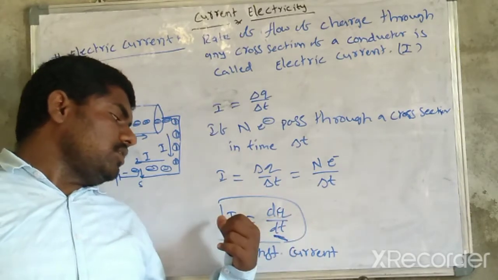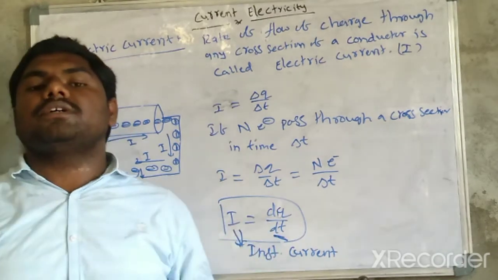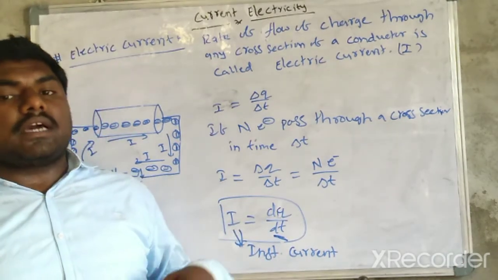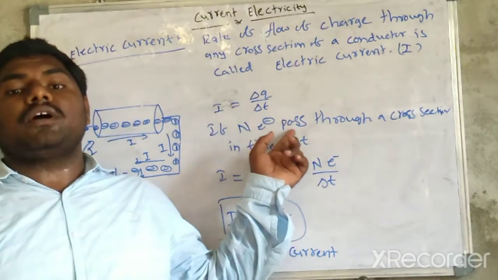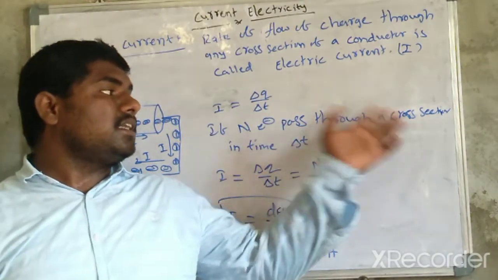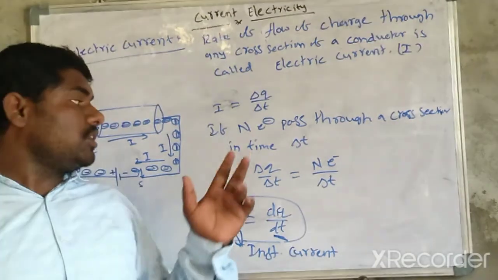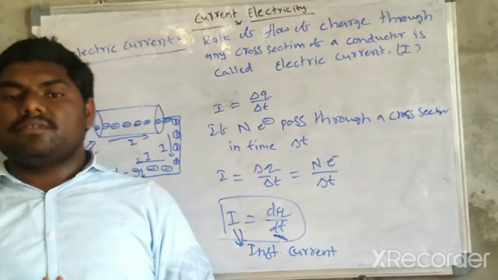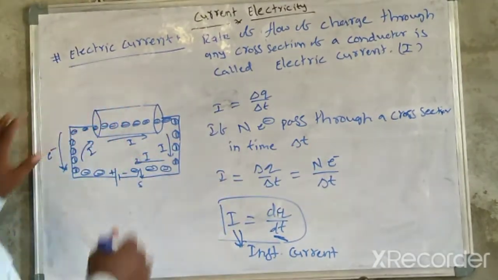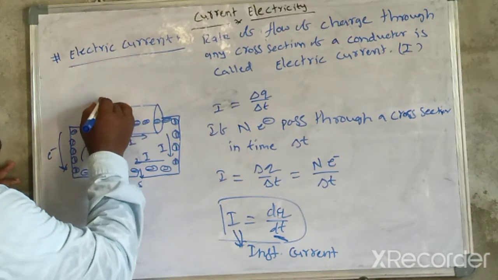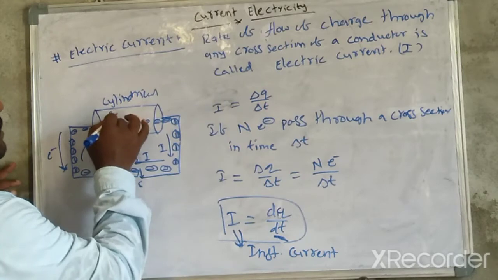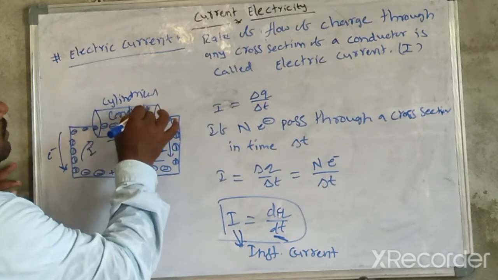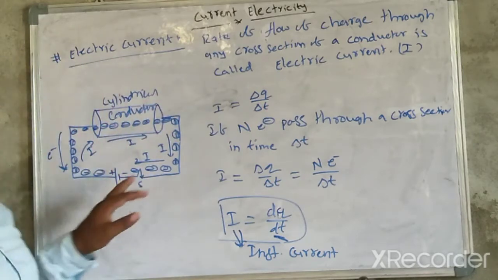This is instantaneous current, when n number of electrons pass through a cross section of this cylindrical conductor in time delta t.